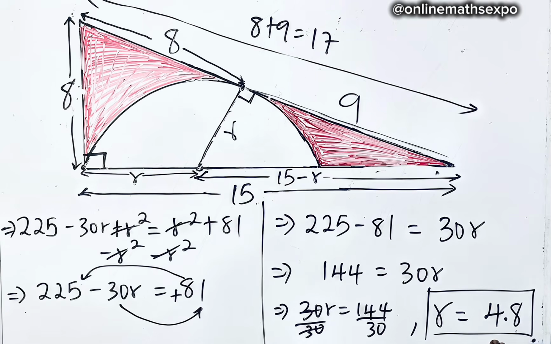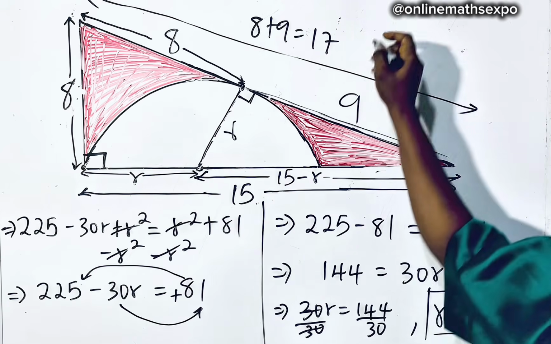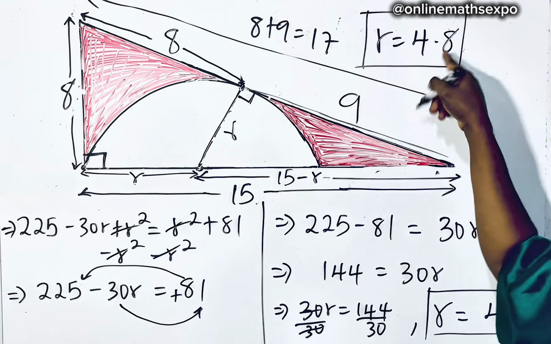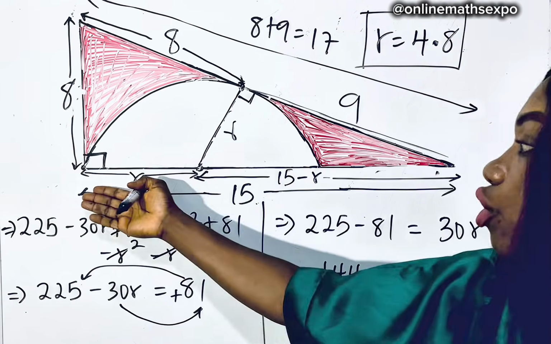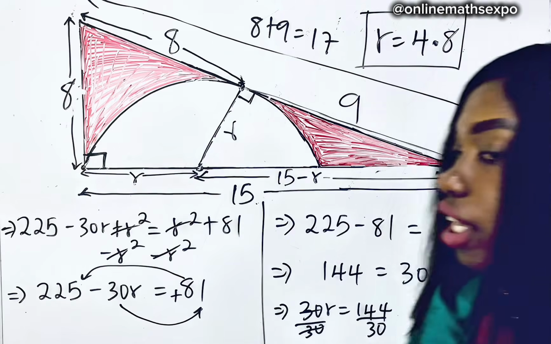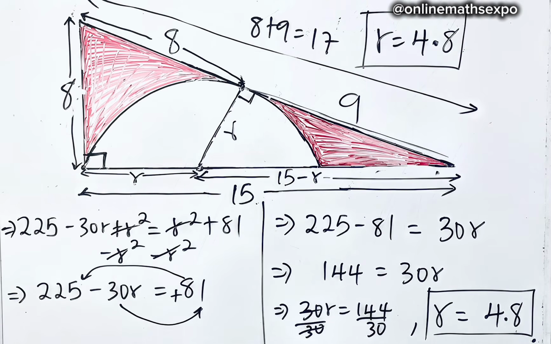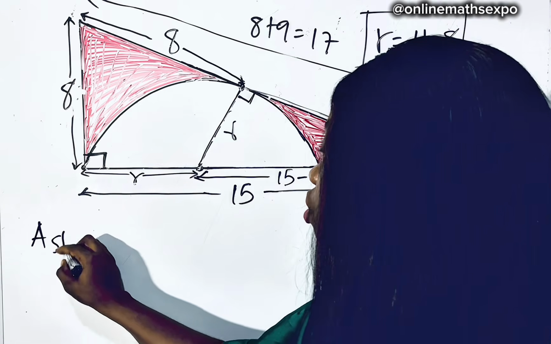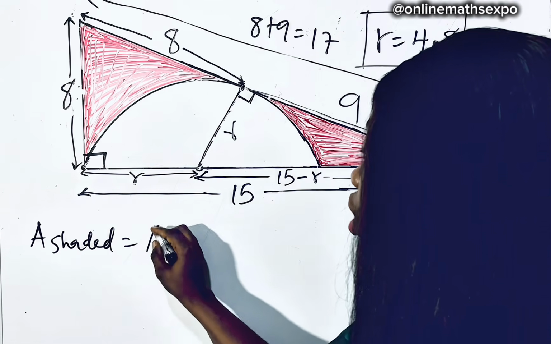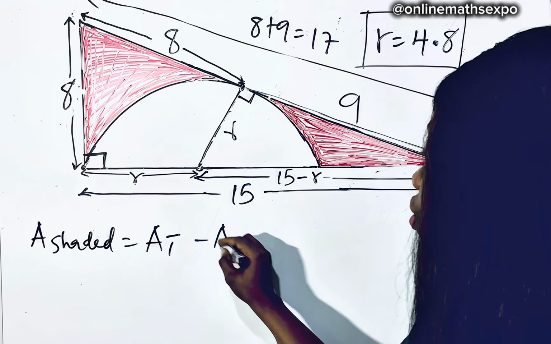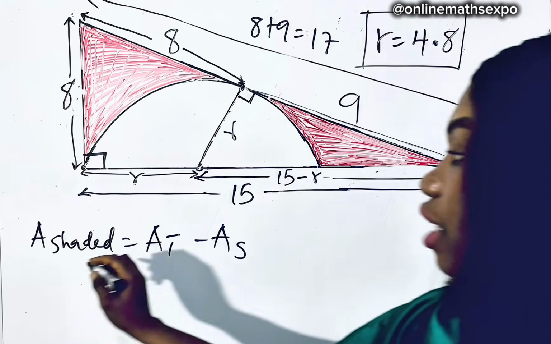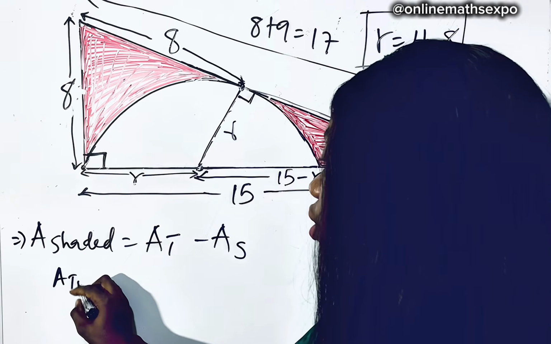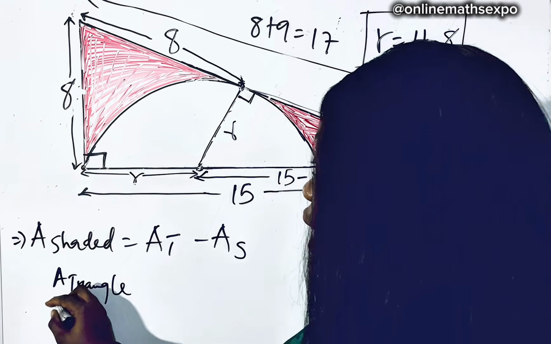Now that we have gotten the radius as 4.8, we know the base and the height, so we can now get the area of the shaded region. Let's do it together. The area of the shaded region is equal to the area of the triangle minus the area of the semicircle. Let's get the area of the triangle.